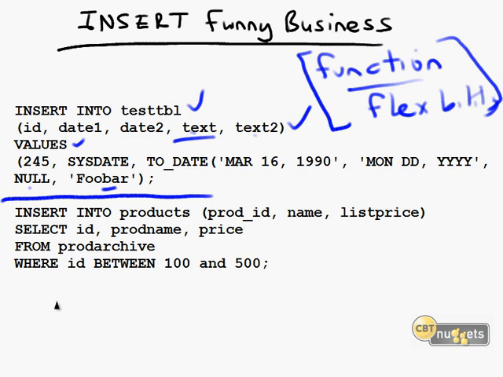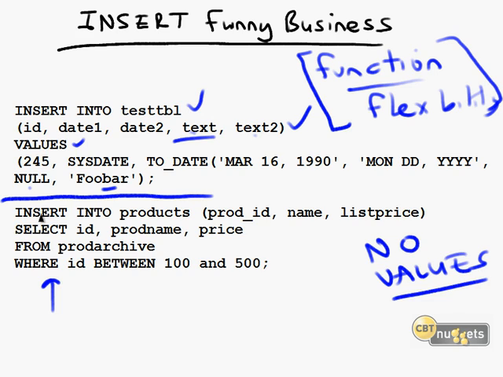The second example gives us a run of using select, an embedded query, to retrieve rows that will then be copied into a destination table. So in this case, we're inserting into the products table. Prod ID, name, and list price are the columns in the products table. And when you embed a subquery into an insert statement, there's no values statement here at all.